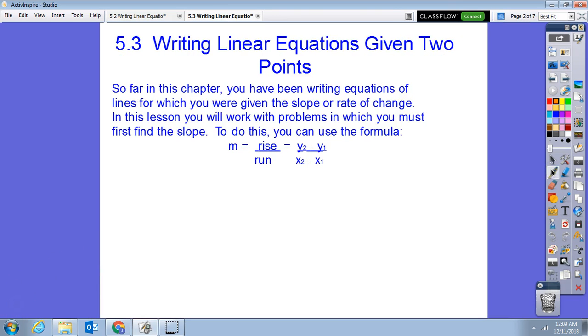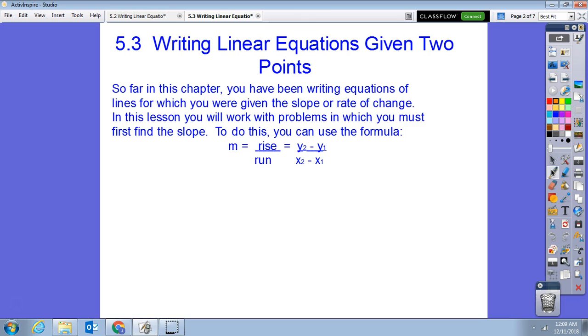Alright, so the final type that we are going to look at is writing a linear equation when you are given 2 points. So far in this chapter, you've been writing linear equations where you were given the slope, or the rate of change, and you have been given the y-intercept, or possibly another point.